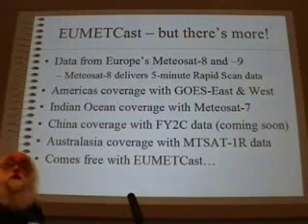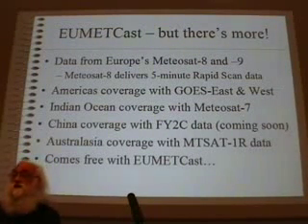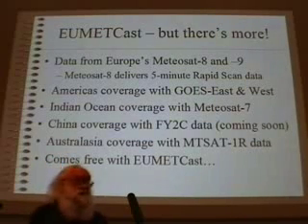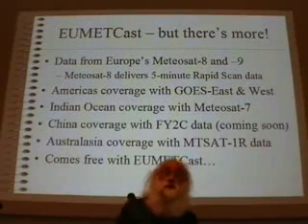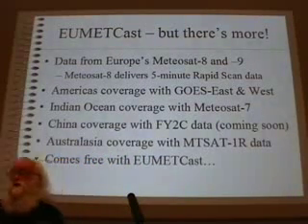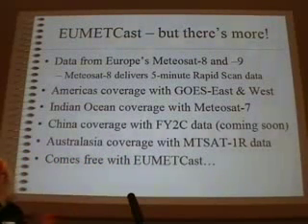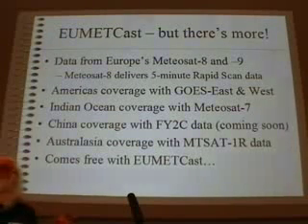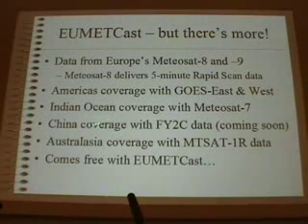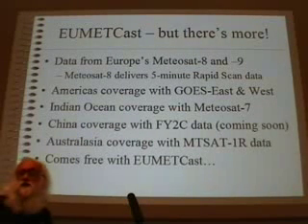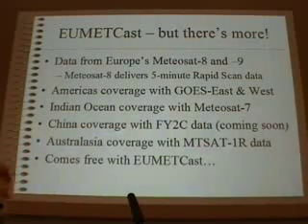The old Meteosat 7 satellite that maybe some of you received WeFAX signals from, that's been gradually shifted across, is now sitting over the Indian Ocean, and you get pictures from that. No extra charge. It's free. Sign up that, oh, you're an amateur and you're not going to rebroadcast it in competition with the BBC or something. You have Chinese data, and there's Australasian data.